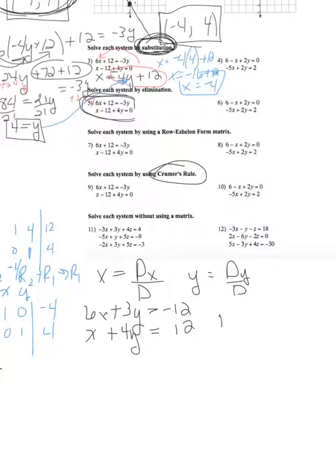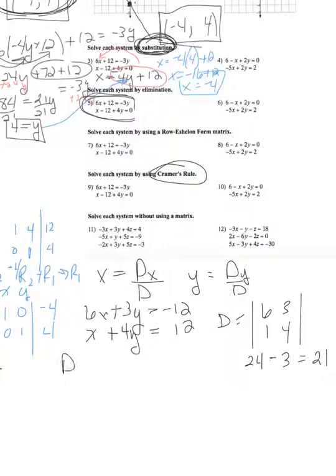So D, here's D. It's 6, 1, 3, 4. The determinant is these two minus these two. So AD minus BC. So the determinant is going to be 6 times 4 minus 3 times 1. So D is 21.